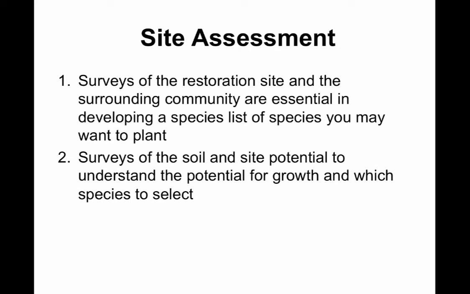And then you also want to do a survey of the soil and the site potential. Understand whether you have certain local climatic issues, things like frost pockets or other really dry exposed sites. So understanding the topography as well as the soil and water holding capacity is really going to help you understand the potential for the growth of these seeds or seedlings that you're putting into the ground to help enhance your restored site.